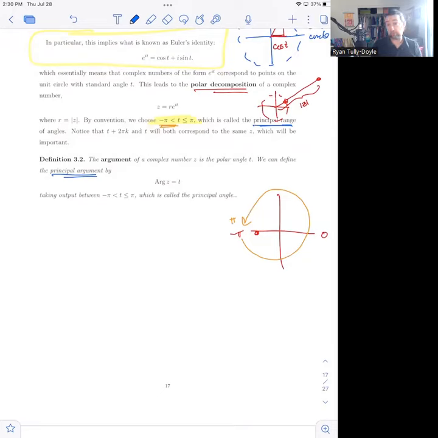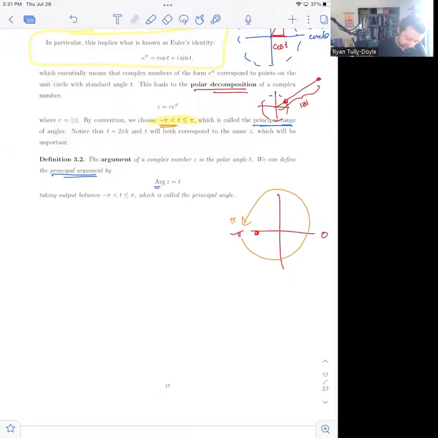So every complex number will have a unique argument between minus pi and pi. And the function that produces that is called the principal argument. And we know we're working with the principal argument because we use the capital A. So Arg with a capital A always means it's going to spit out values between minus pi and pi.